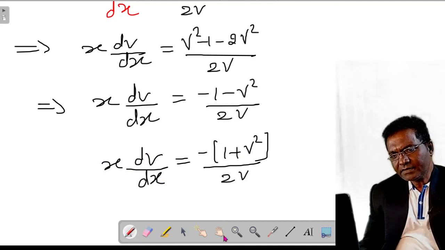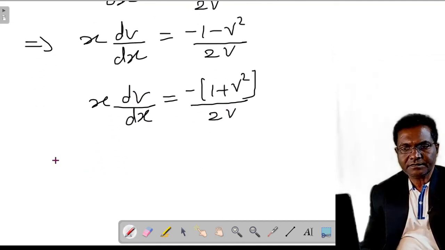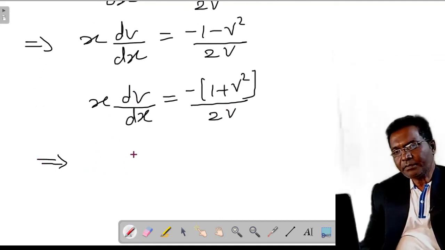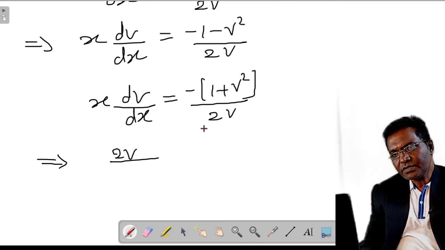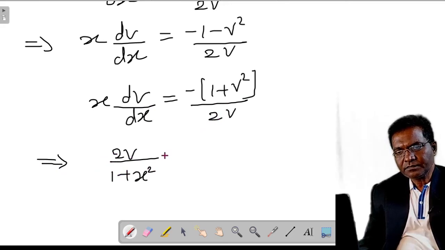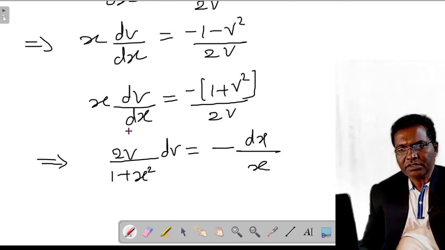x dv by dx. Separating the variables, you bring 2v this side and 1 plus v square down. Dx up, x down. This is called separating variables.